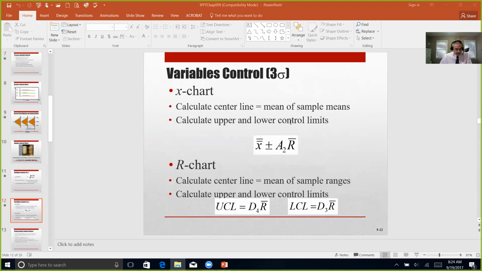One is the central tendency and one is the variability of the process. And when we find either one of these charts to be out of control, again, we have to stop, understand what the cause was, assign an assignable cause to it, and ensure that we get the causes corrected so that we can get back to being on the center line. So two different measurements when it comes to variable control charts.